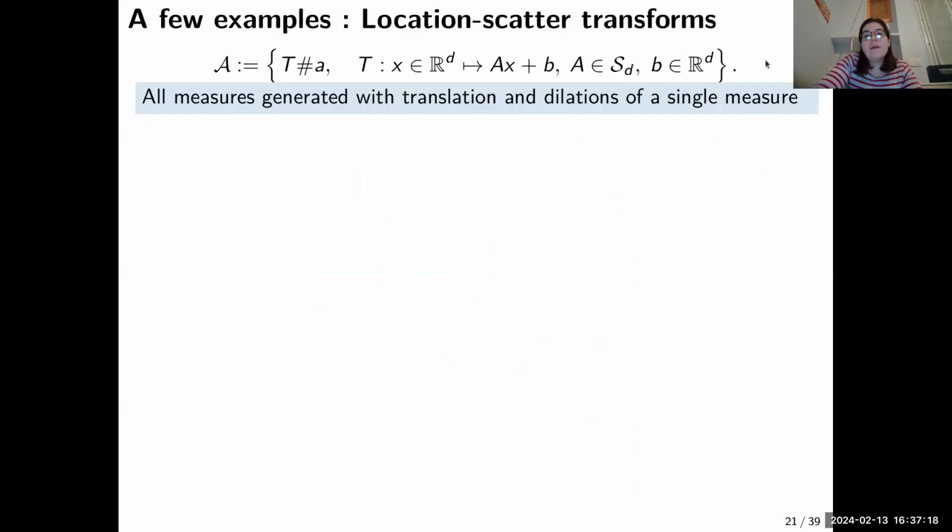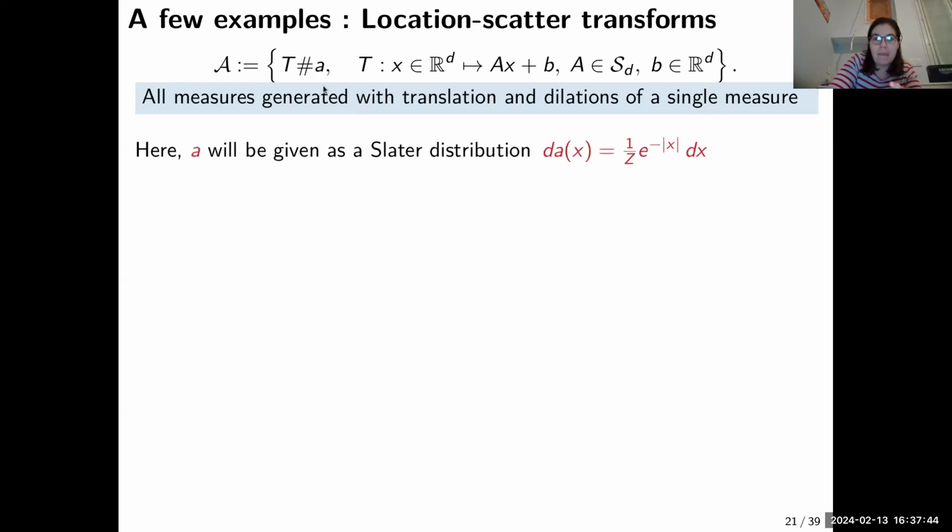Okay, I want also to make one particular point. When one considers one specific family of probability measures, that's called the location scatter probability measures. So what are they? Here, calligraphic A will be the set of probability measures that are computed as affine transformations of one reference measure, which is denoted by small a here.